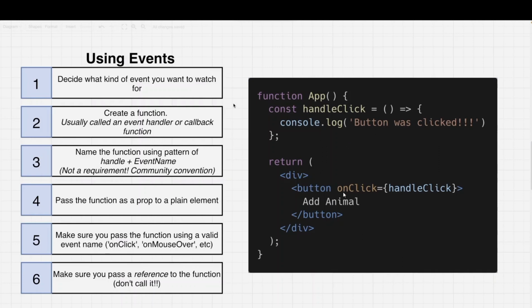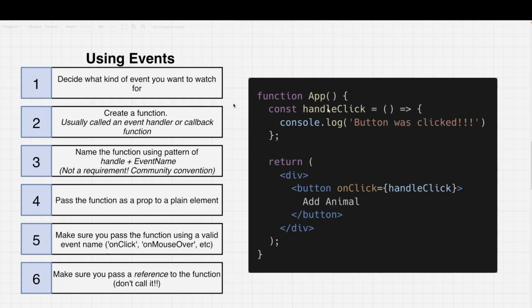As you can see, we are using the onClick event listener in the button. The second step is that we will create a function which will be called an event handler or callback function. This is the main function App, and this is the callback function handleClick, and it is called whenever the button is clicked.